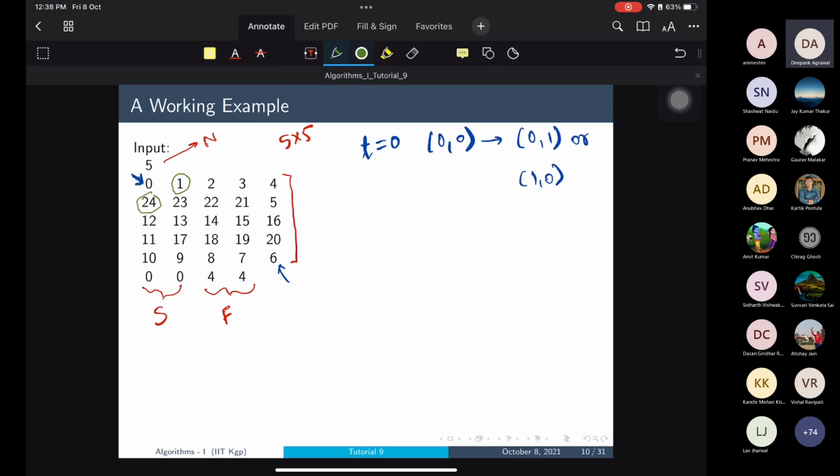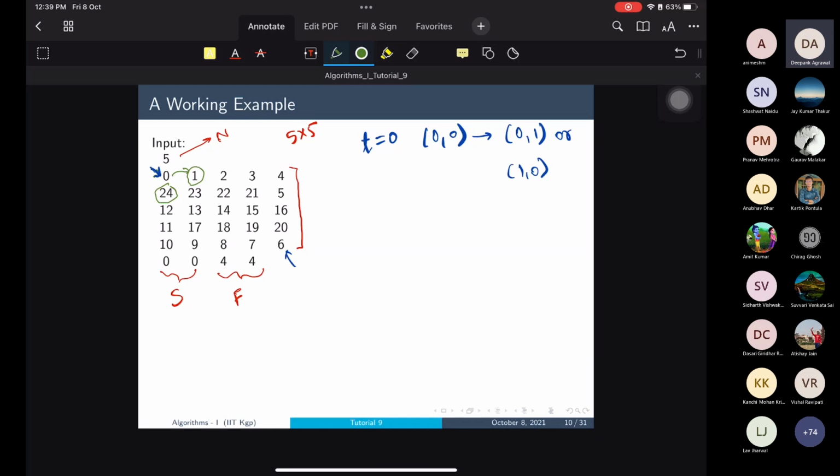So when can you move from 0 to 1? When time is equal to 1. So when t equals 1, we can go from 0 comma 0 to 0 comma 1, and at t equals 24 we will be able to go from 0 comma 0 to 1 comma 0, right?